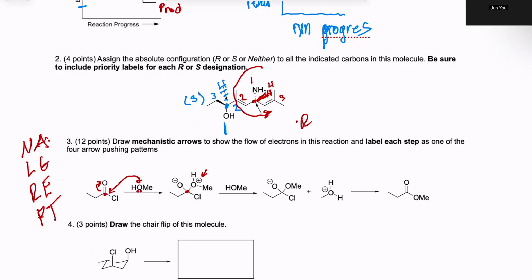When you're drawing arrows, you want to make sure that you're always starting your arrows from a source of electrons. So on this oxygen, there are lone pairs, and that's what we're using. Does anyone know the name of this step? The first one. Nucleophilic attack. That's right. So that is a nucleophilic attack.